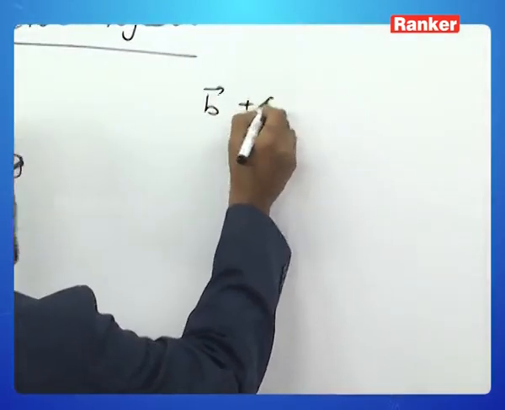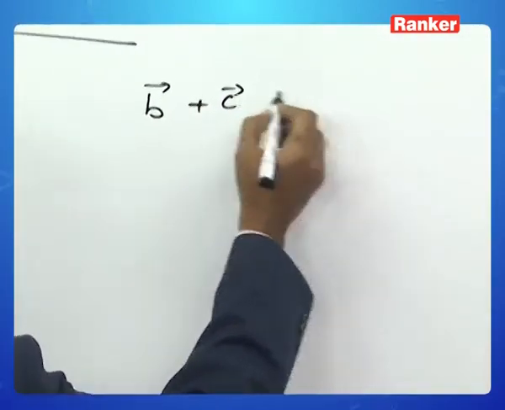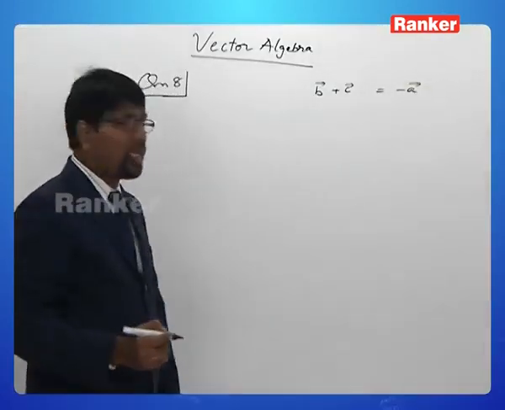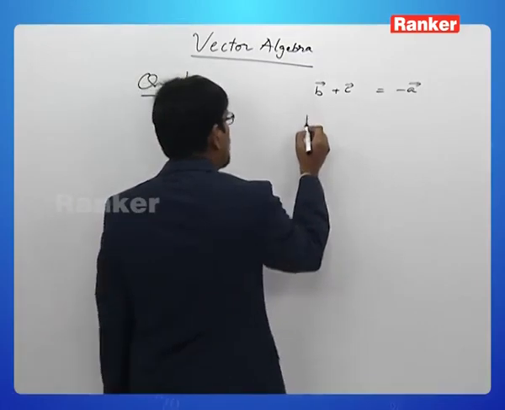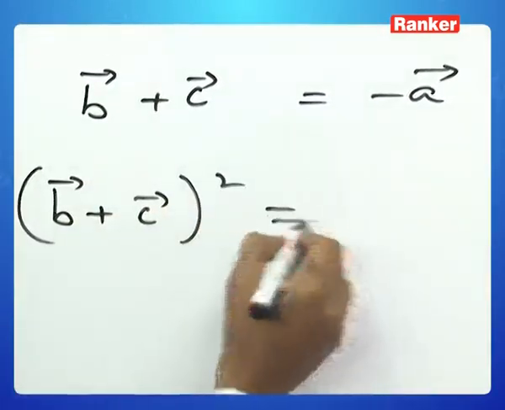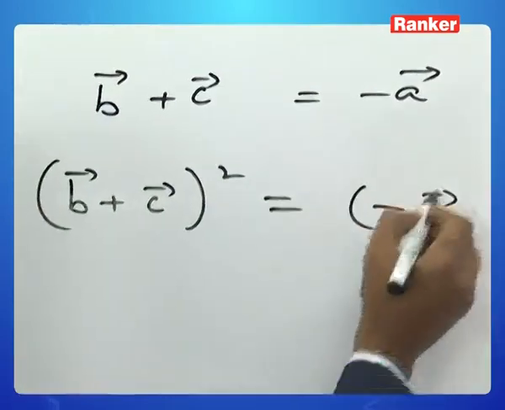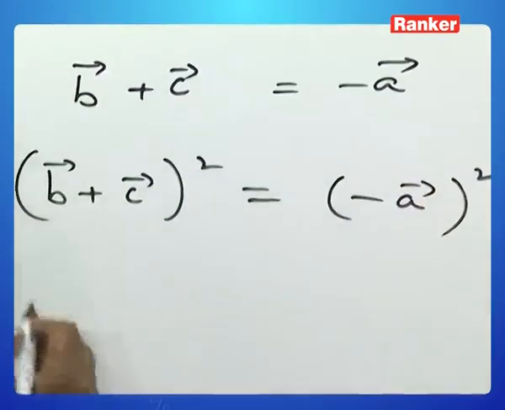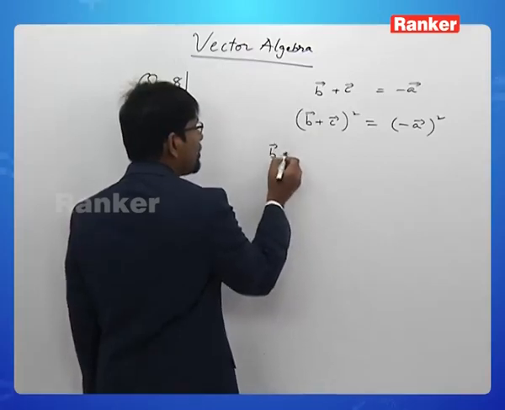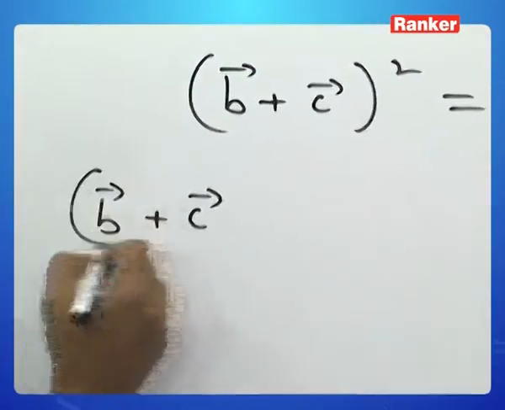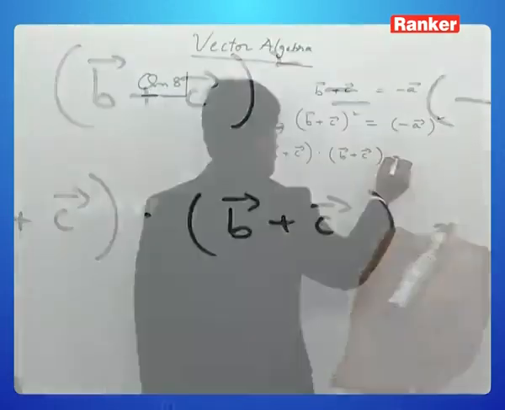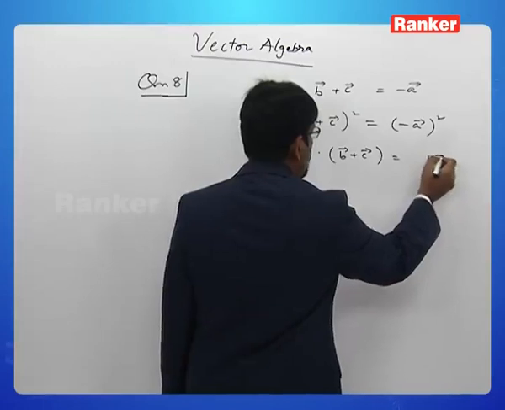Let's consider b bar plus c bar, that's equal to minus a bar, because a bar plus b bar plus c bar is 0. Now b bar plus c bar the whole square will be equal to minus a bar the whole square, which is nothing but this left hand side is b bar plus c bar dot product with b bar plus c bar, and here we have magnitude of a square.